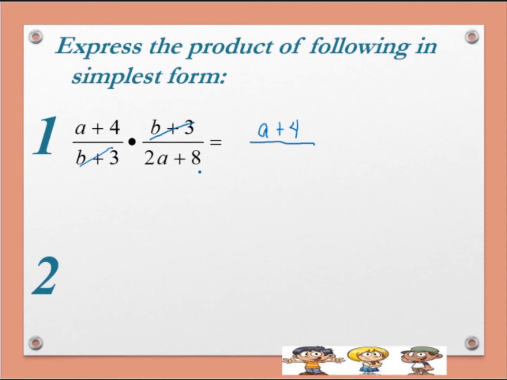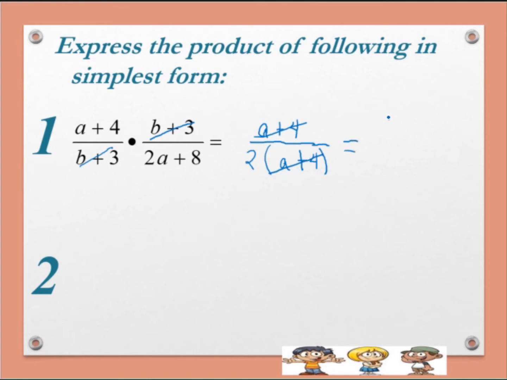And 2a plus 8 has a common factor of 2, and our remaining factors will be: 2a divided by 2 is a, and 8 divided by 2 is equal to 4. Once again, we look at our numerator and our denominator. If there is still a common factor, we divide the common factor. A plus 4 divided by a plus 4 is equal to 1.